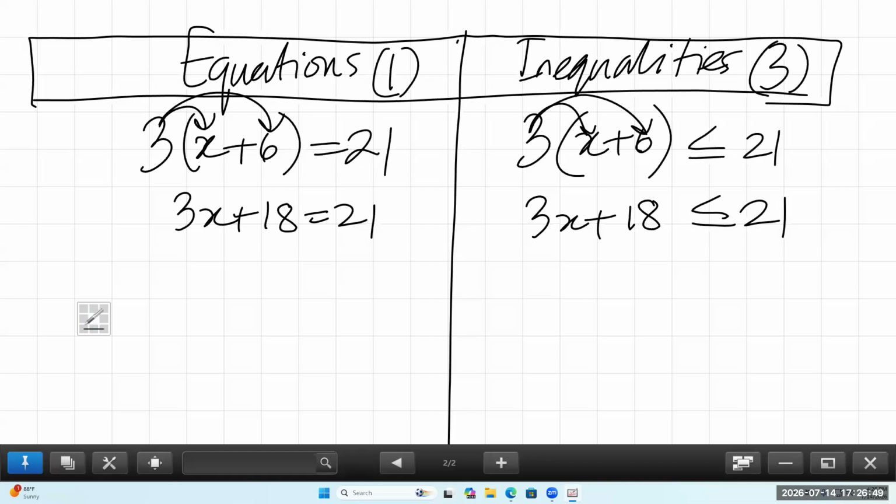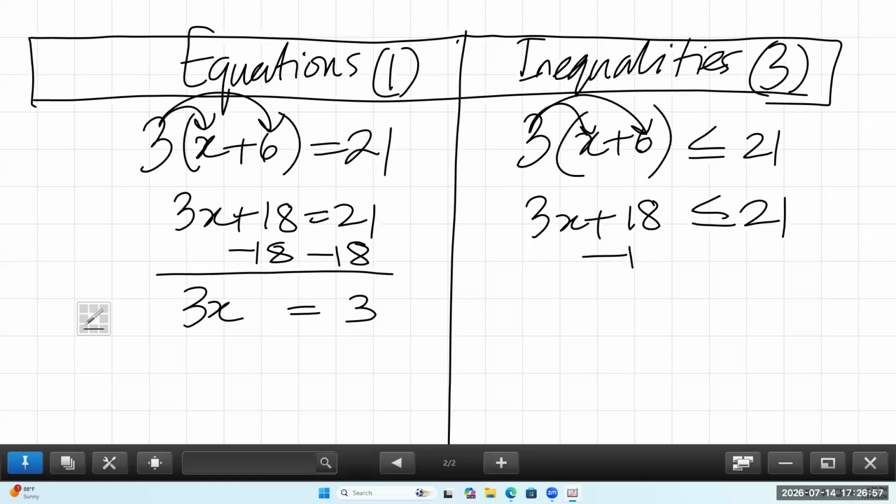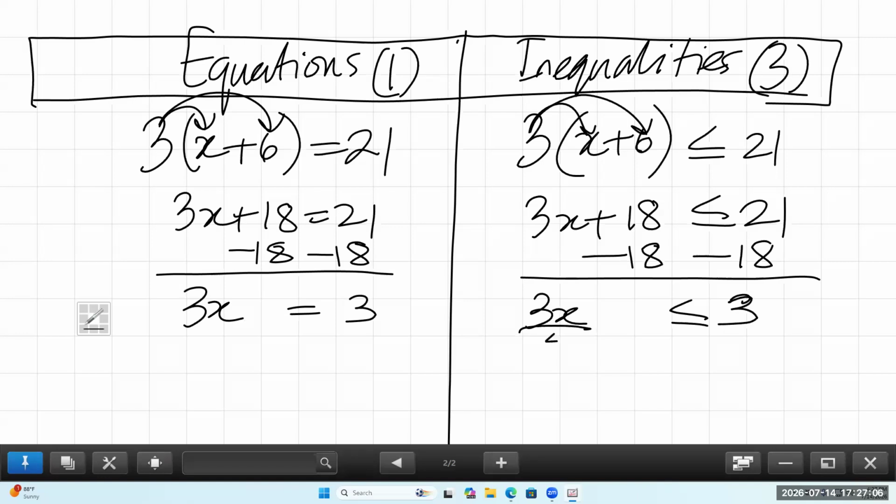Then we subtract 18 from both sides. We get 3x is equal to 3. We subtract 18 from both sides, and we get 3x is less than or equal to 3. Then we divide by 3, and we do the same here.